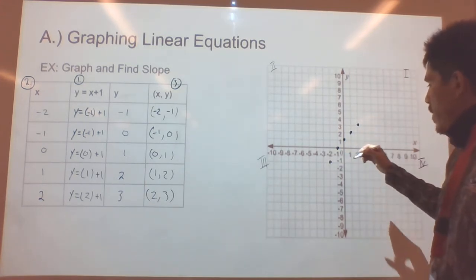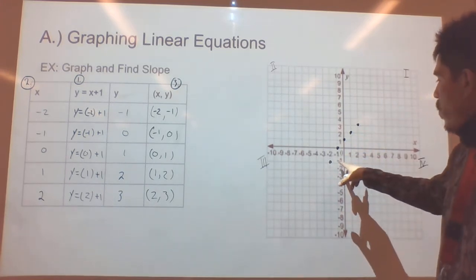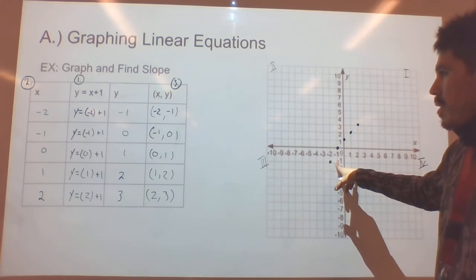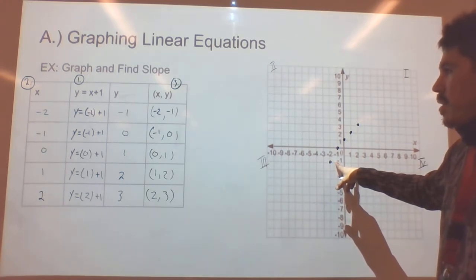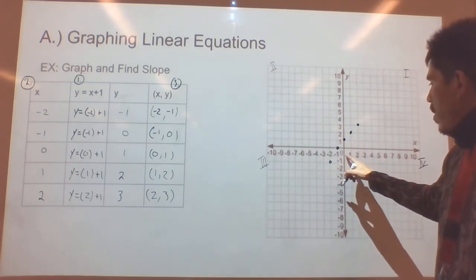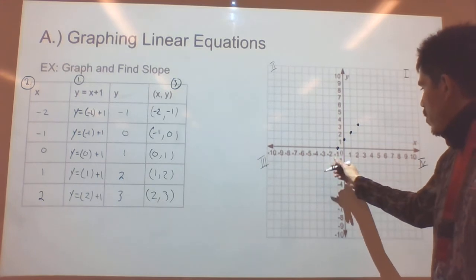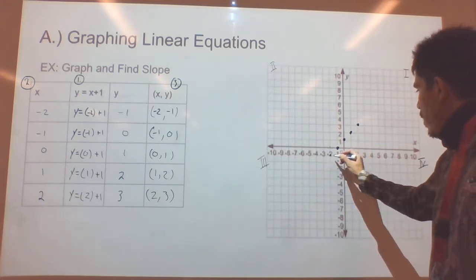Now we have points that all look like they're in a straight line, except for point 1. Point 1 looks a little off, but it's going to be fine, because it has an x value of -2. So we're at -1 and -2, going down 1 unit. There it is.